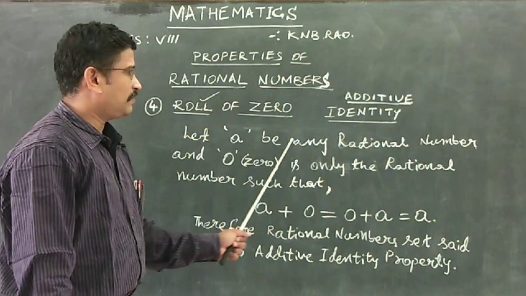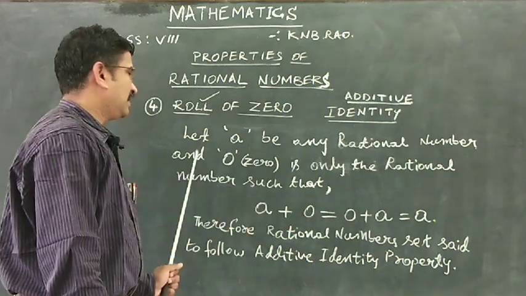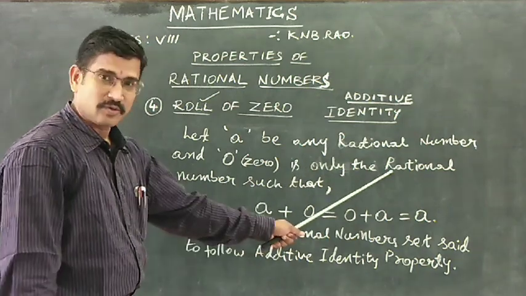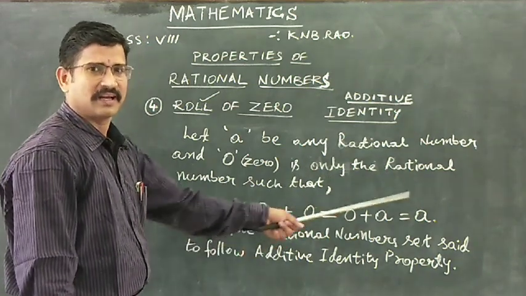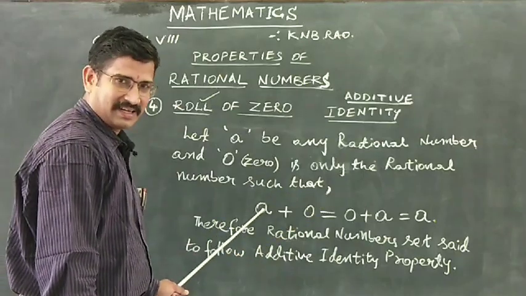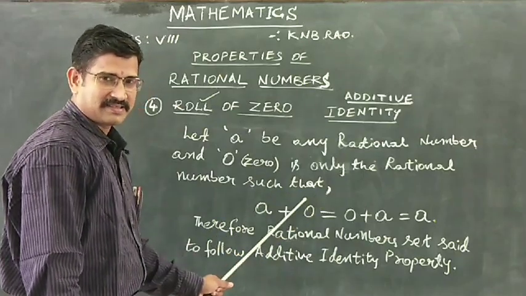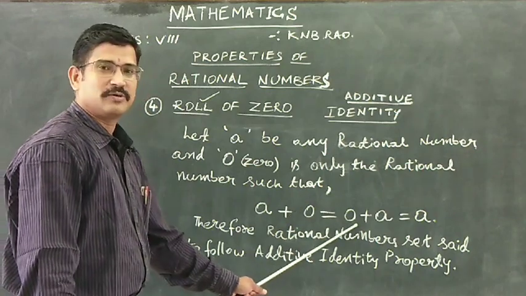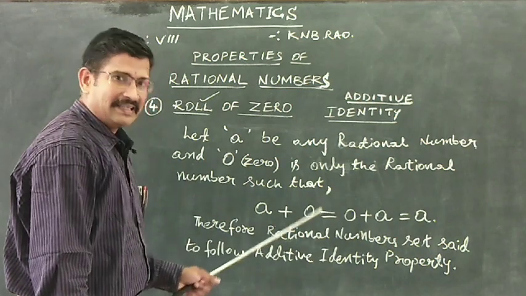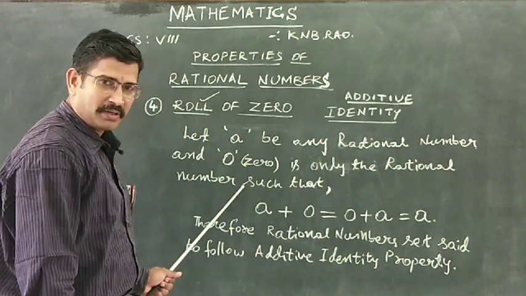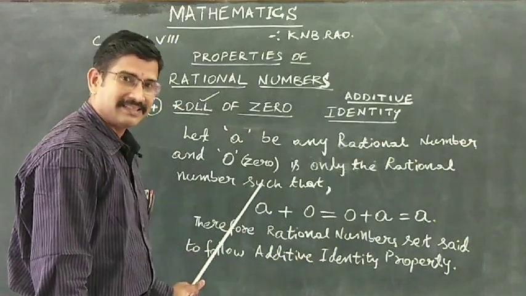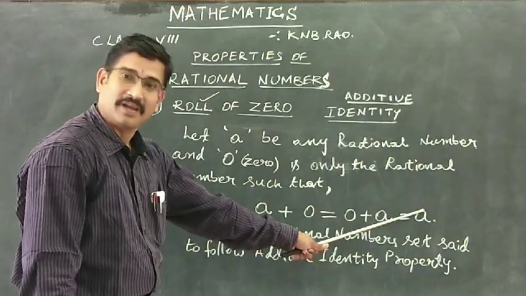Let A be any rational number, and 0 is also a rational number, such that A plus 0 is equal to 0 plus A is equal to A. Which means when 0 is added to any rational number, or any rational number is added to 0, it gives us the same rational number we have taken.